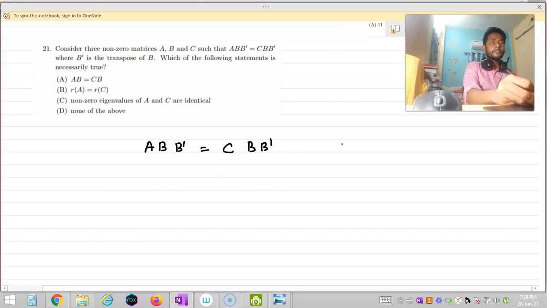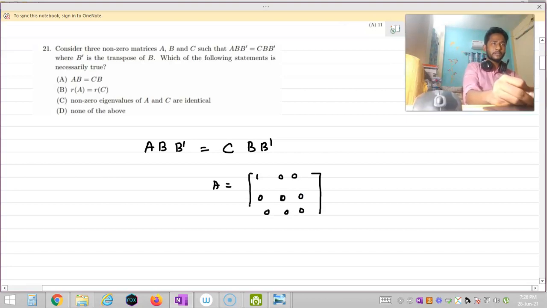Now just observe this. Let me consider a matrix A equal to [1 0 0; 0 1 0; 0 0 0]. I am considering this as the A matrix. I am considering the matrix B equal to [0 0 0; 0 1 0; 0 0 0].